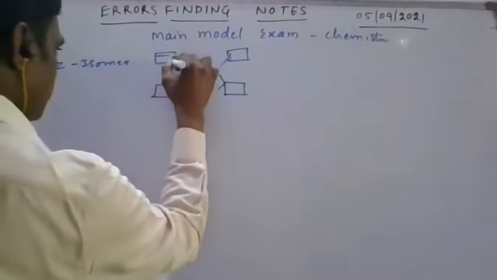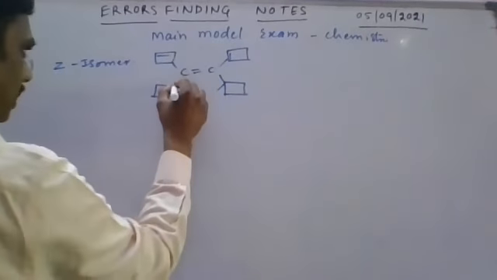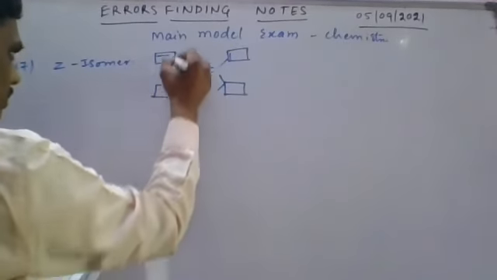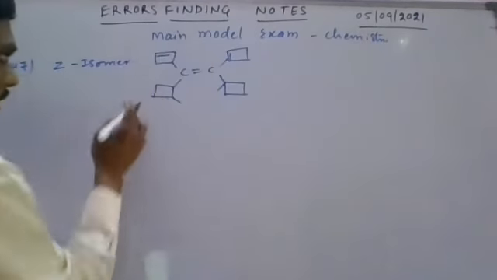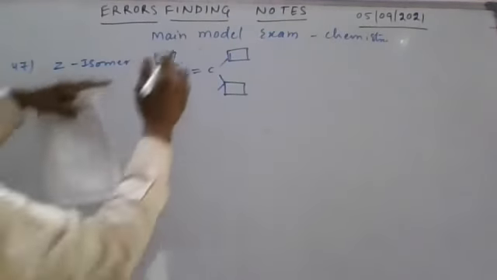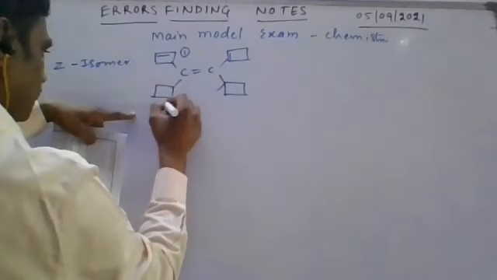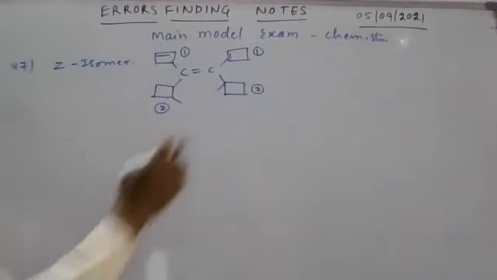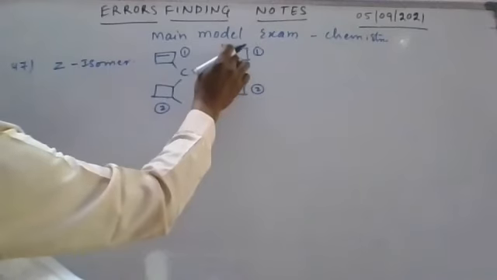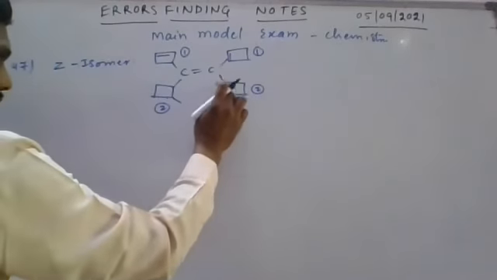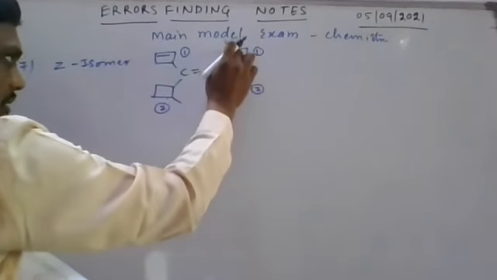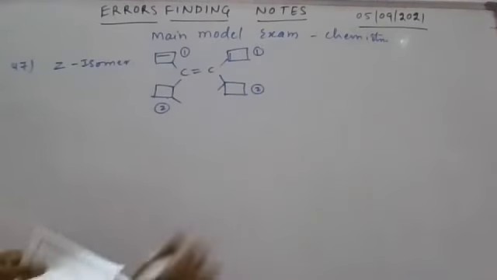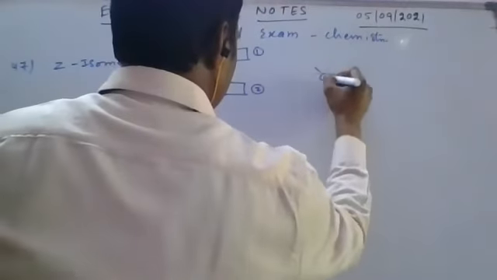Here the first carbon has two carbon atoms, but this is a double bonded carbon. This is first priority, this is second priority. The double bonded carbon has two, three carbon atoms, next two hydrogen atoms, and here next two carbon atoms. That's why it is first priority.